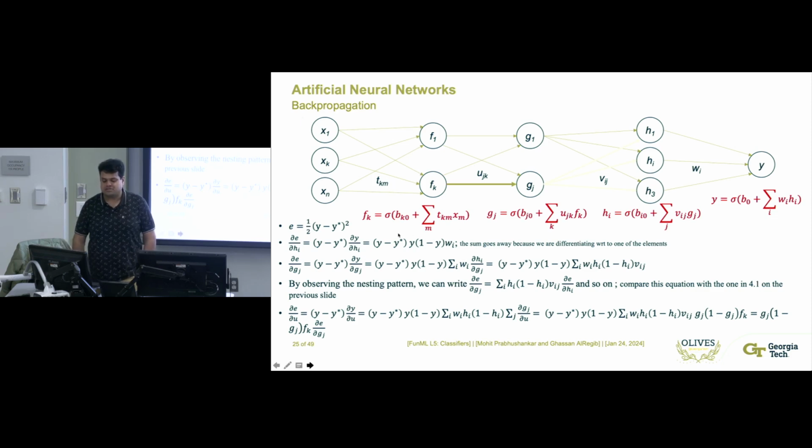All I'm doing is substituting what I just mentioned in the previous slides back into this case. Now, the sum goes away because we are differentiating with respect to one of the elements. The sum that the slide is talking about is the sum wi hi, so it's w1 h1 plus w2 h2 plus w3 h3. What we are doing is just differentiating by h, so you don't need the sum anymore. The simple wi should give you the result, and that's why you have this simple wi here.